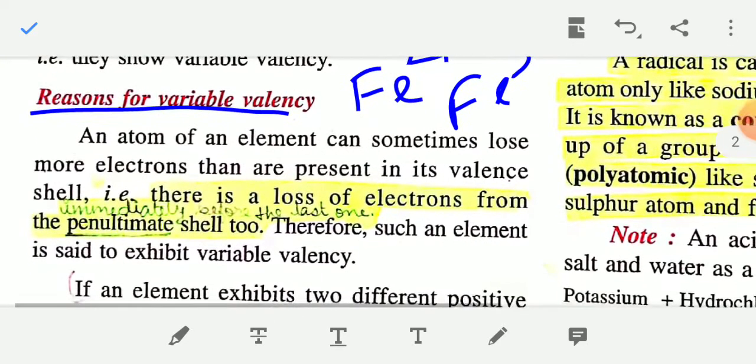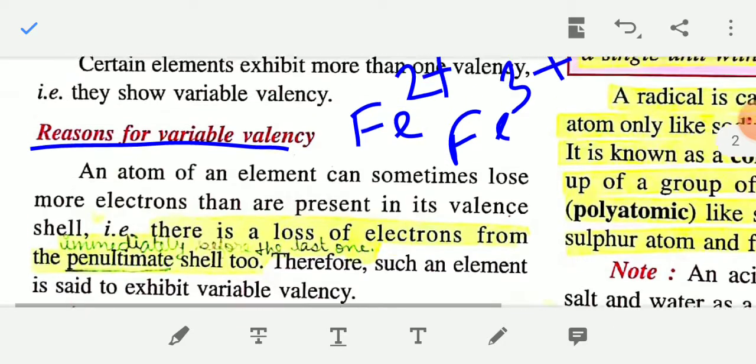So an atom of an element can sometimes lose more electrons than are present in its valence shell. That is, there is a loss of electrons from the penultimate shell too. Therefore such an element is said to exhibit variable valency.